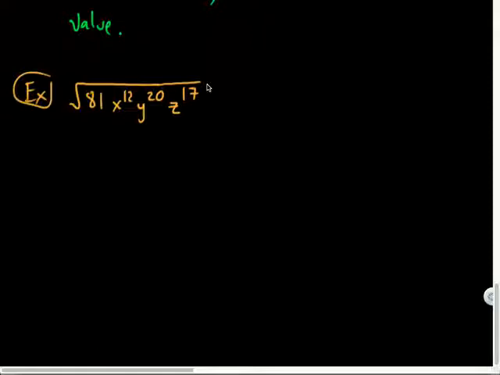Let's see. Square root of 81, what does that become? 9. Square root of x to the 12th is x to the 6th.